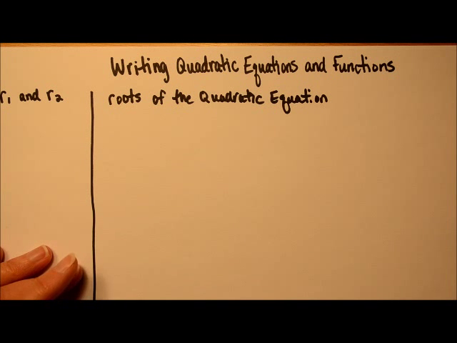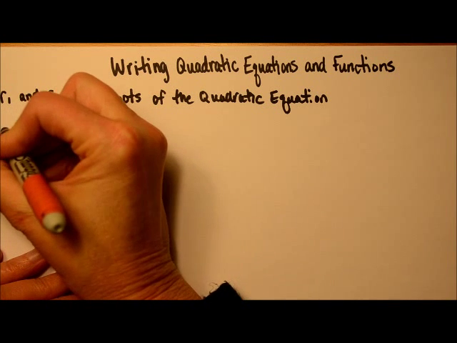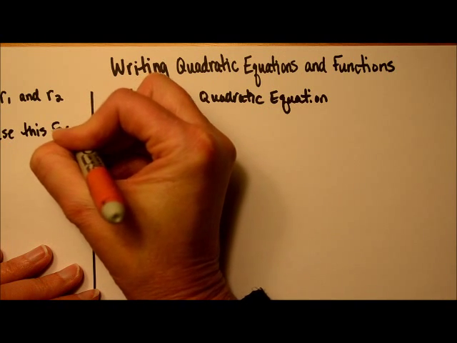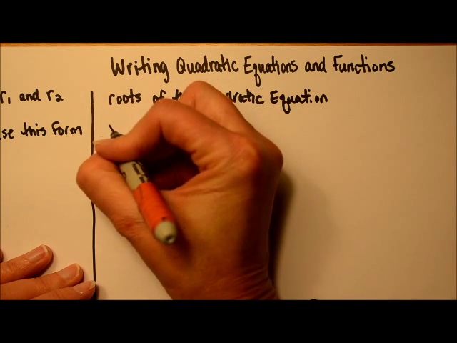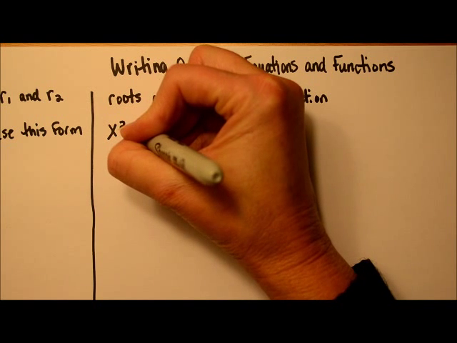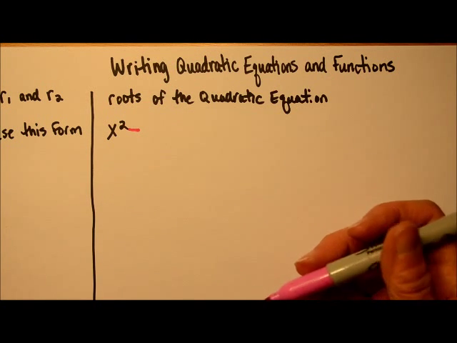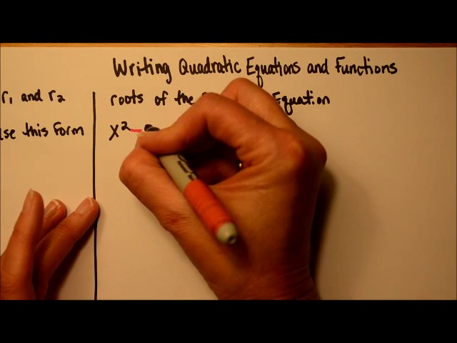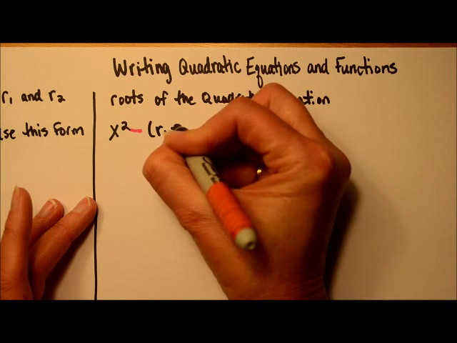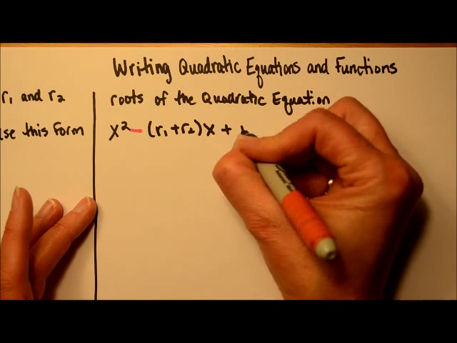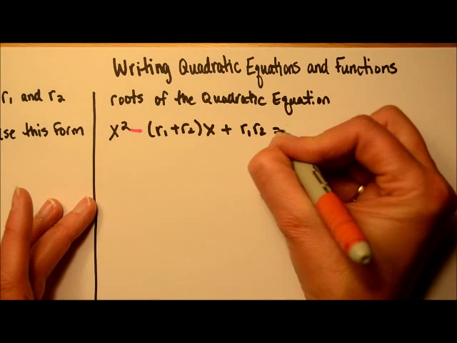So you're going to use this form: x squared minus, and that's a big minus there because that's the piece you're going to forget, minus, because the rest is pretty simple, R1 plus R2, times x, plus R1 times R2 equals 0.